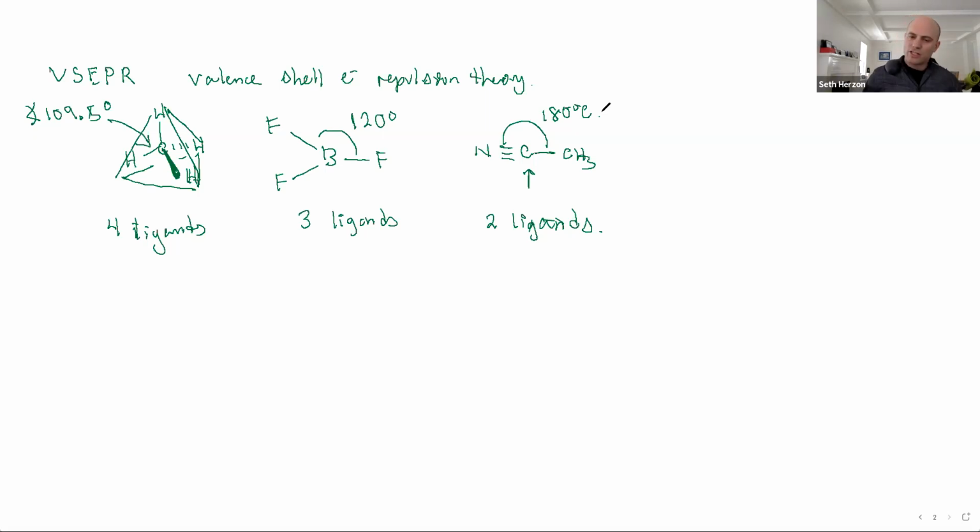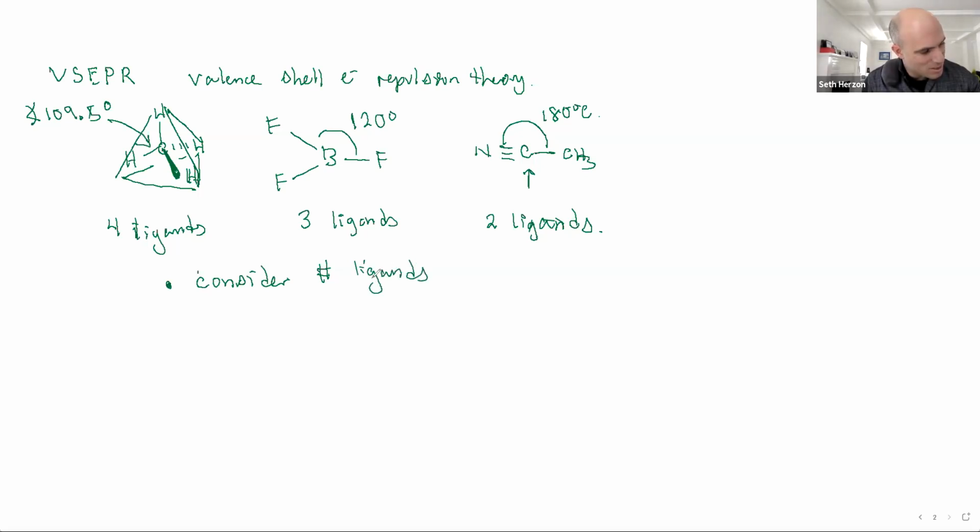So we can use VSEPR theory to basically fall back on or understand or predict the geometry of molecules. And so again, I want to emphasize a point: consider the number of ligands.